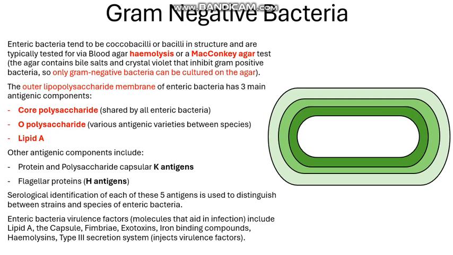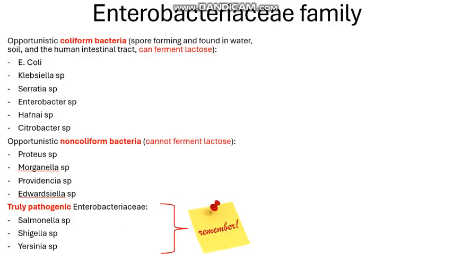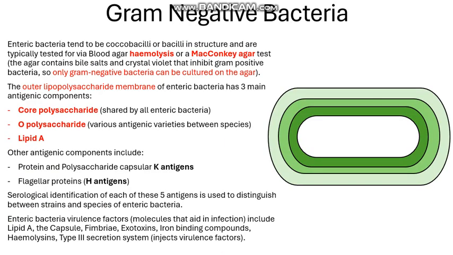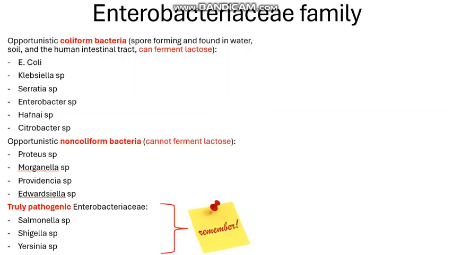Enteric bacteria virulence factors, molecules that aid in infection, include lipid A, the capsule, the fimbriae, exotoxins, iron-binding compounds, hemolysins, and type 3 secretion system mechanisms, which are responsible for injecting the virulence factors. So virulence factors are things that help the bacteria infect you and reproduce.